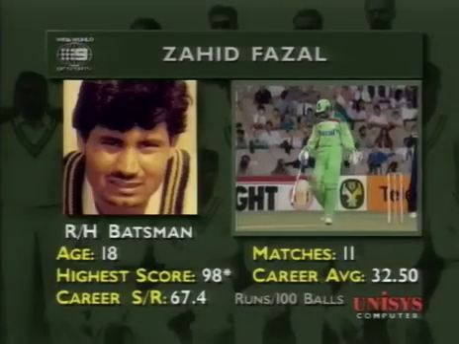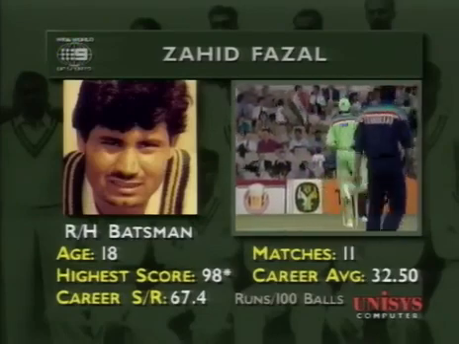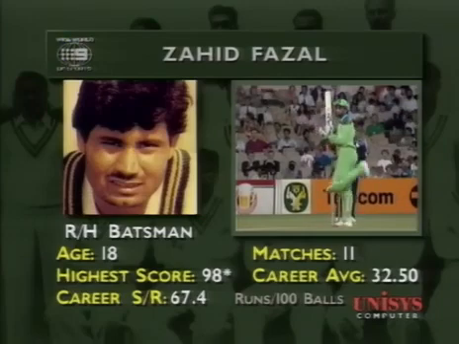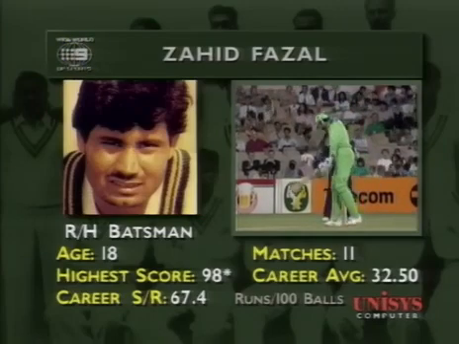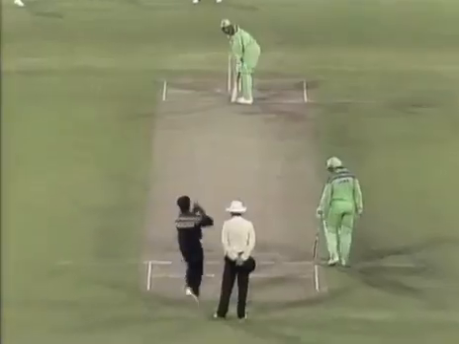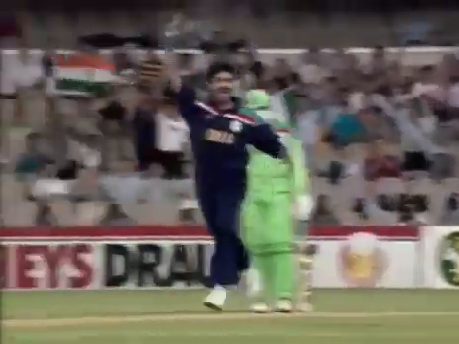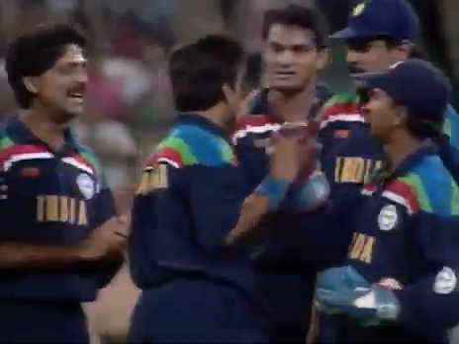Zahid Fazal, the right-hand batsman, 18 years of age, so a few youngsters playing here tonight. Tendulkar, Kambli for India. And that's out. That time he's got the line, the length and everything right. Fazal has been searching for the ball and he's finally found it.